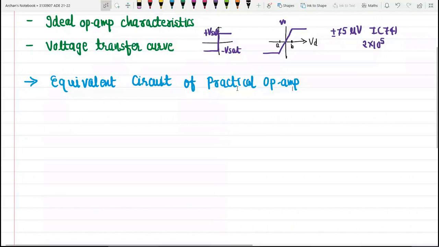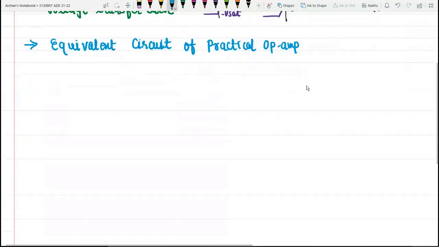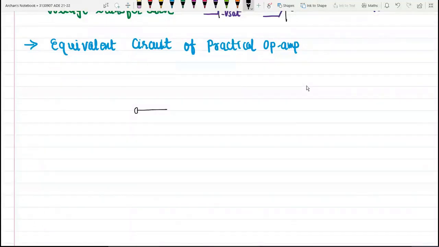Now we know very well that we have two inputs: one is the inverting input and another one is the non-inverting input. These are my two inputs, V1 and V2. The inverting input is denoted by the negative terminal, and the non-inverting input is denoted by the positive terminal.